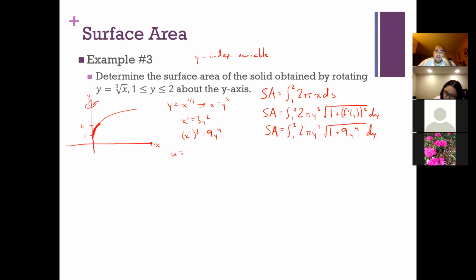So you're probably noticing a pattern in a lot of the way these arc length and surface area integrals line up with u-substitution. But it's a pretty good weapon to keep using.